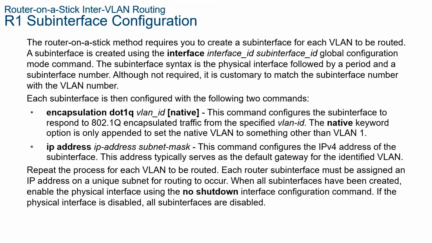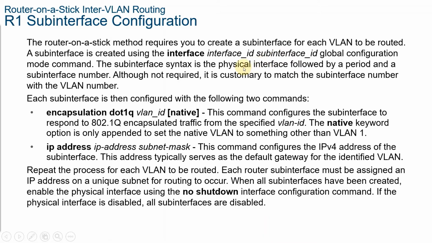So how about the R1 subinterface configuration? The router-on-a-stick method requires you to create a subinterface for each of the VLANs to be routed. The subinterface is created using the interface ID.subinterface ID global configuration mode command.